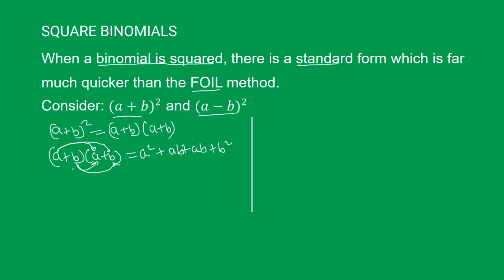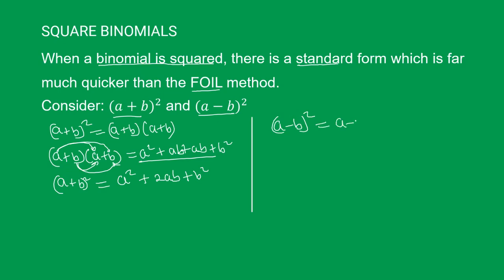If we simplify this, we get that (a + b) squared is equal to a squared plus 2ab plus b squared.